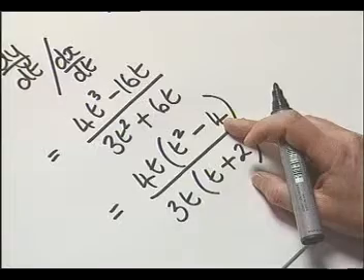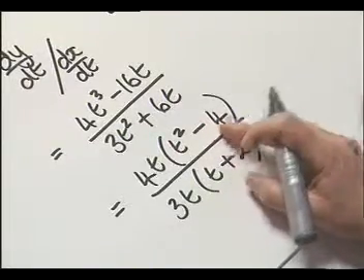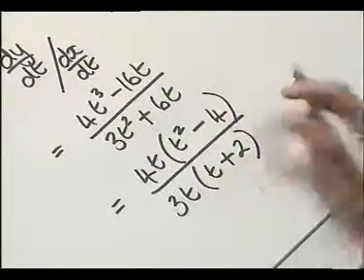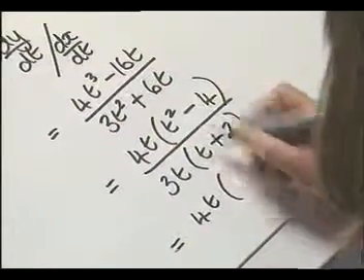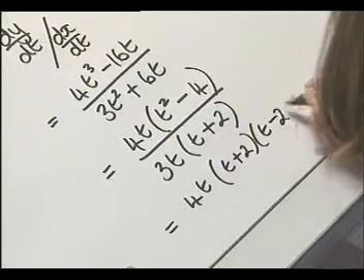Now we can go further here, because t squared minus 4 is actually a difference, the take away, between two square numbers. It's a difference of two squares. So we can express that as t plus 2 multiplied by t minus 2.